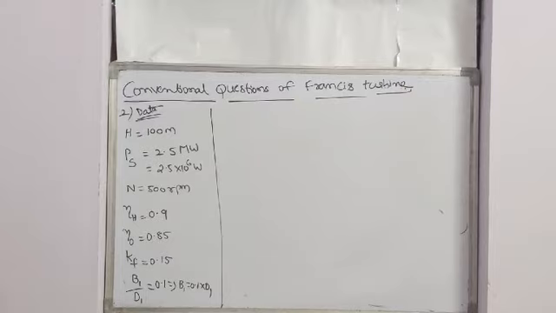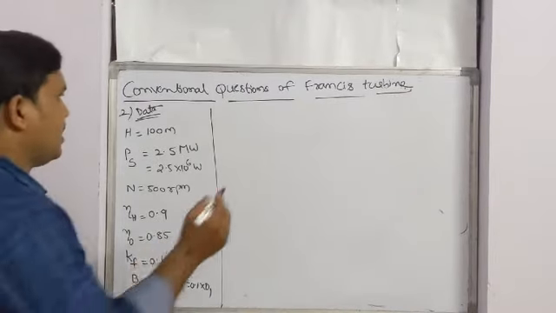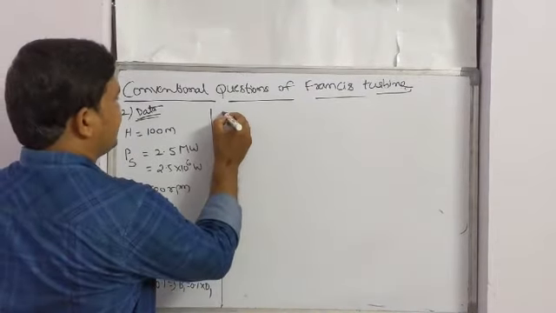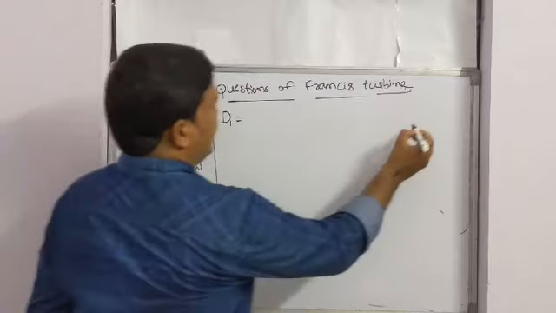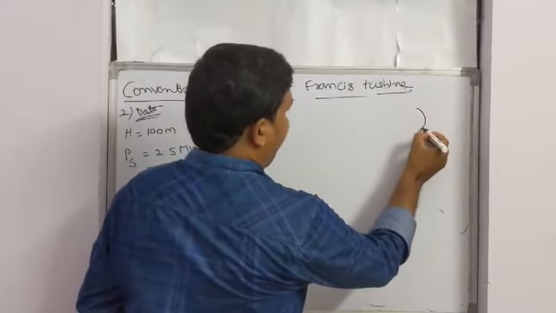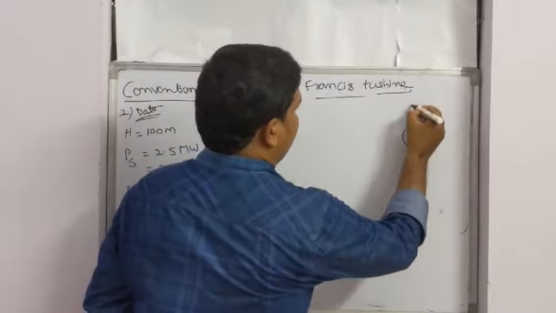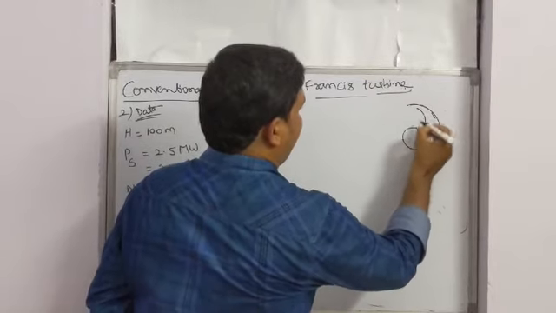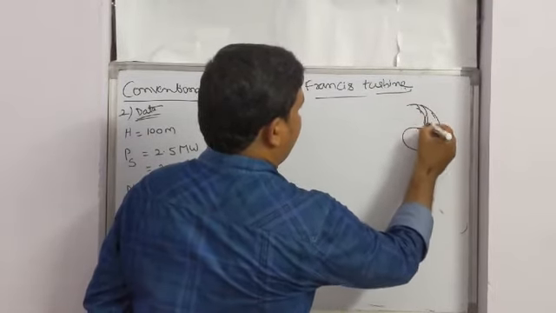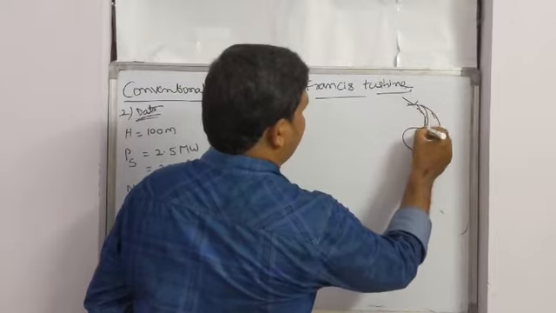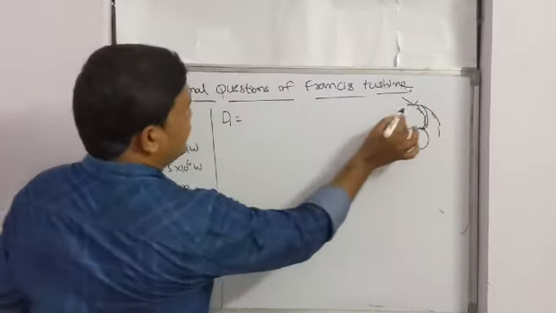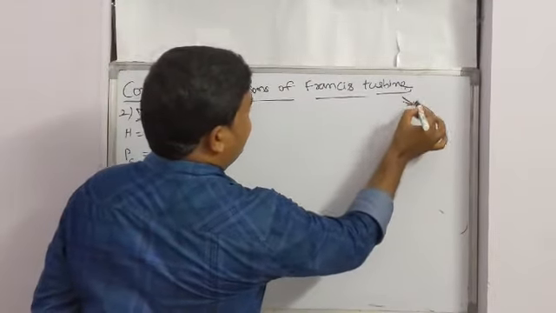The outer dia is twice the inner dia. Outer dia means D1, because in the runner blade, this is the outer dia, this is the inner dia. The outer dia is the inlet to the turbine, that means 1.